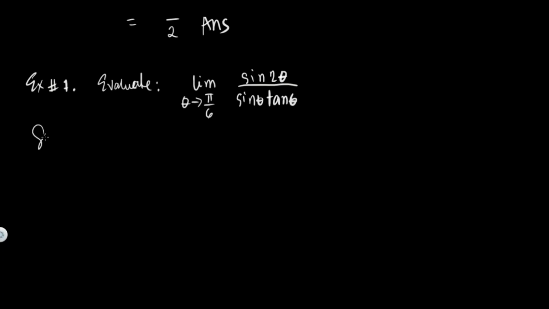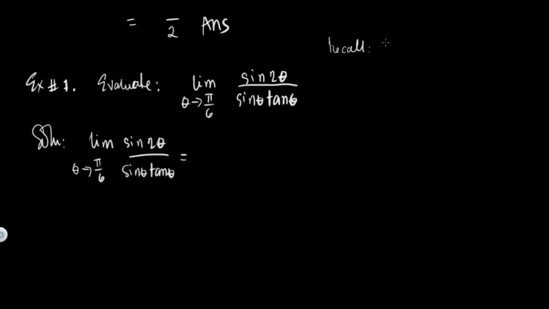Okay. So for your solution, so the limit of sine 2 theta over sine theta tangent theta as theta approaches pi over 6, wala pa akong ginawa, kinopya ko pa lang, is equal to, wala kayong napansin, sine 2 theta. Okay, from your trigonometry, balik tayo dito, recall.